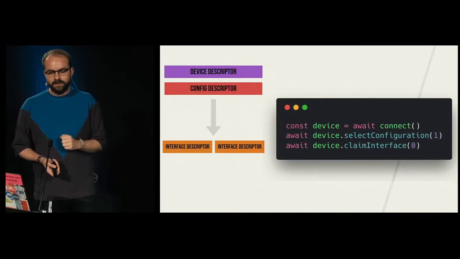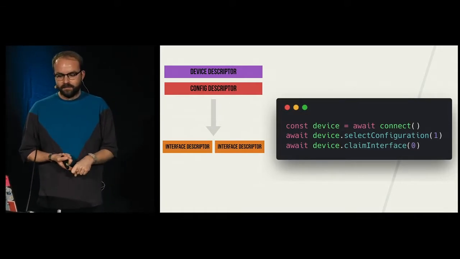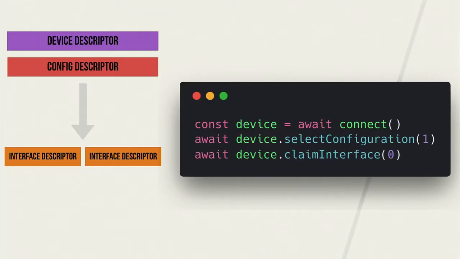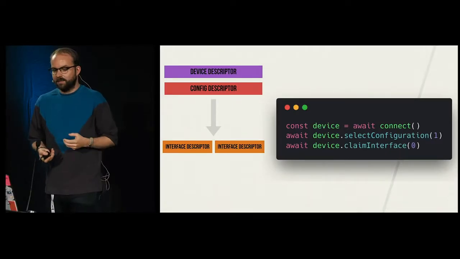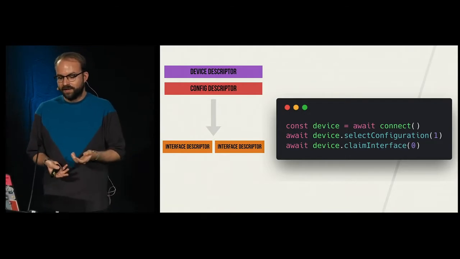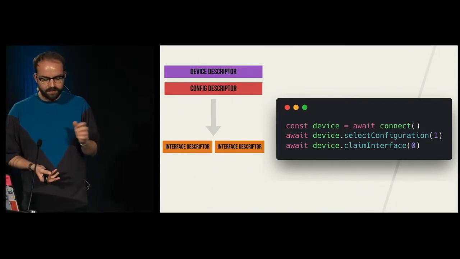So next thing is we need to select and claim an interface. And again, like with the config descriptors, theoretically, a config descriptor can have many interface descriptors. So interface descriptors will basically guide the endpoint descriptors in carrying out specific device commands with multiple interfaces working at once. So, simple example.